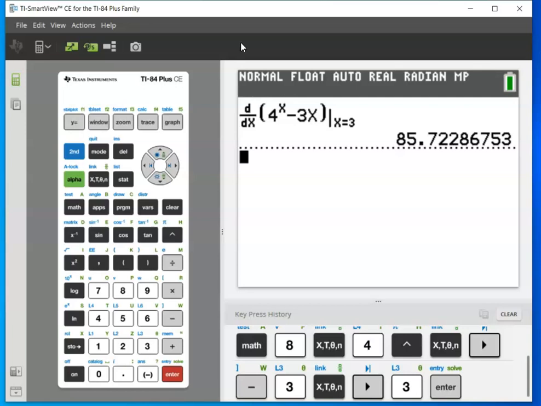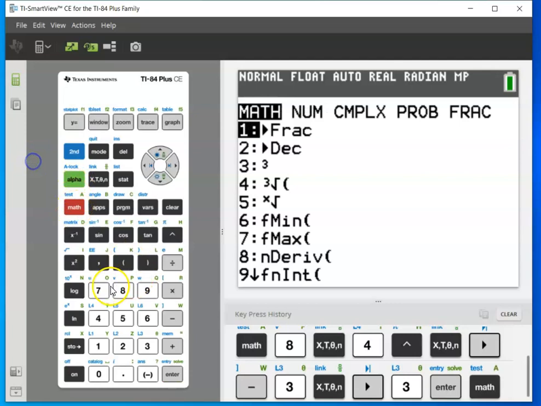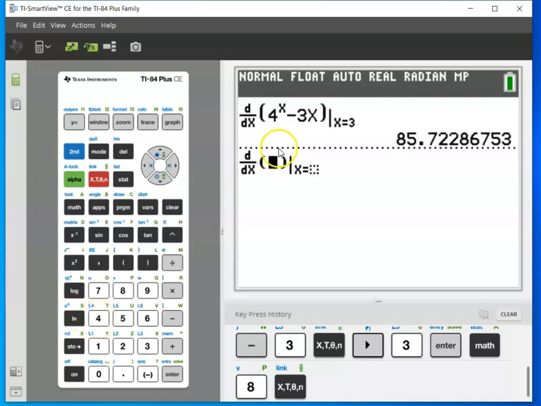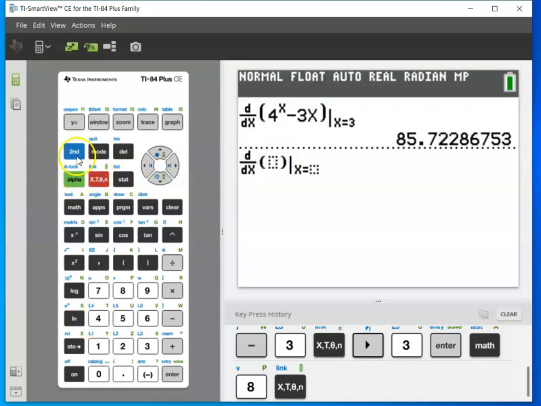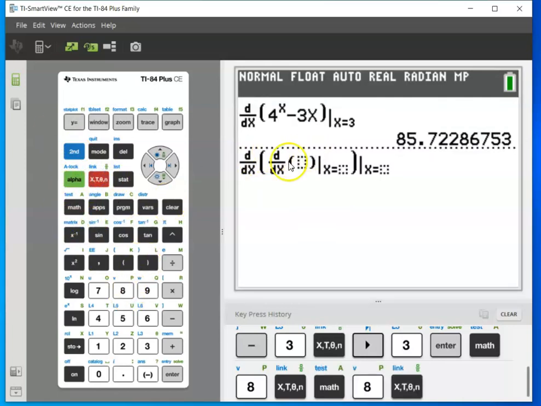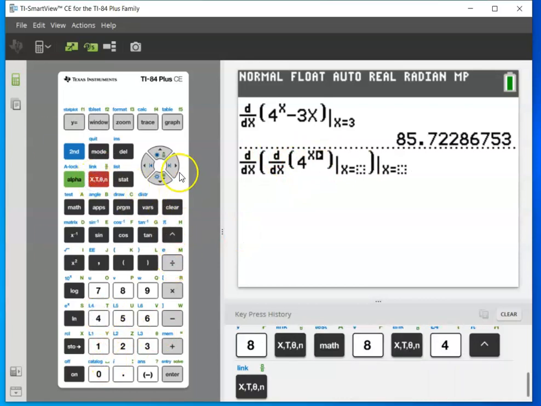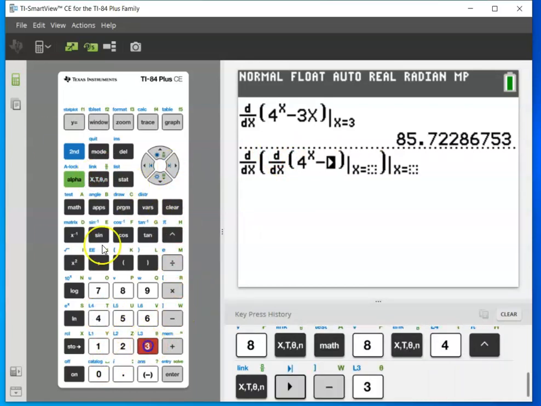Now I can do a double derivative. The way you do it is a little tricky though, so check it out. You go math 8, you take the derivative with respect to x of this. Actually, hold on, let's do it differently. We take the derivative of the derivative. Now right in here, we put 4 to the x minus 3x.